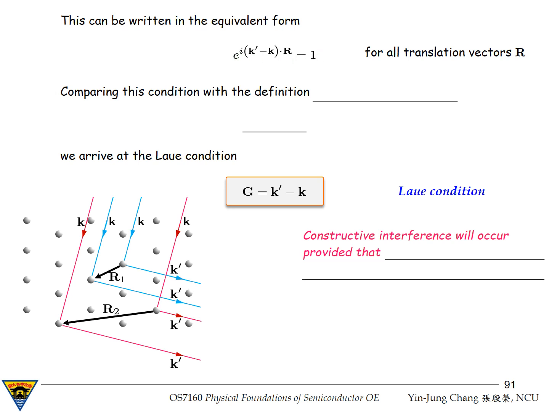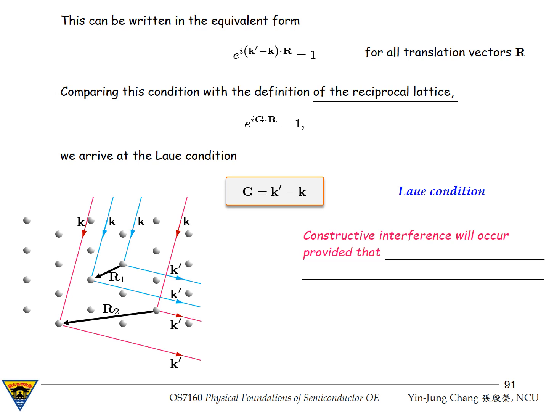Comparing this condition with the definition of the reciprocal lattice, which is e to the i G dot R equals 1, where the bold capital G represents the reciprocal lattice vector, we arrive at one of the most important results in solid state physics, the Laue condition, where the reciprocal lattice vector G must be equal to the outgoing wave vector k prime minus the incoming wave vector k. It tells us that constructive interference occurs when the change in wave vector equals a reciprocal lattice vector.